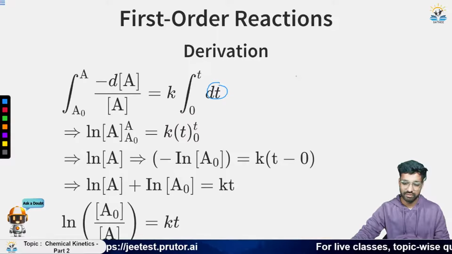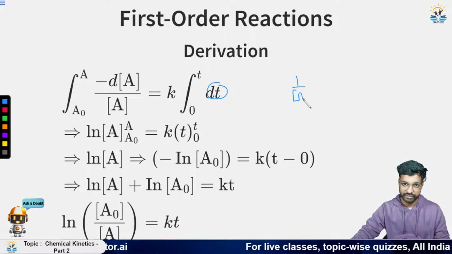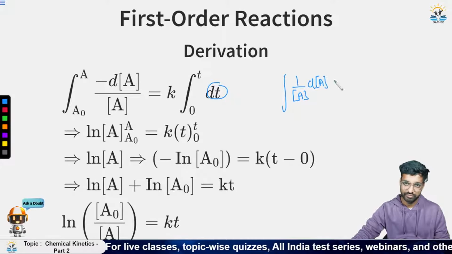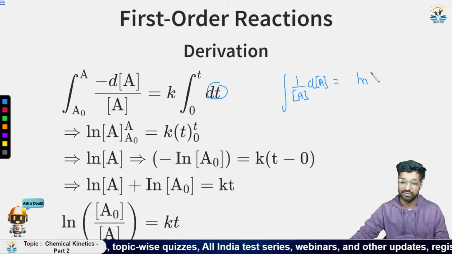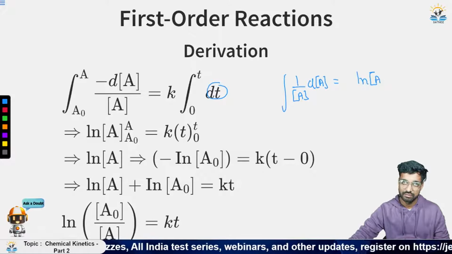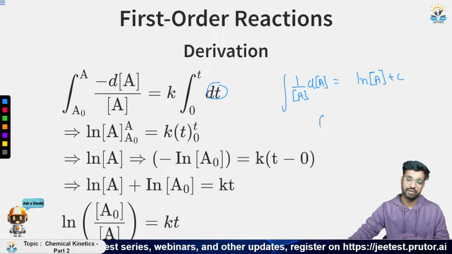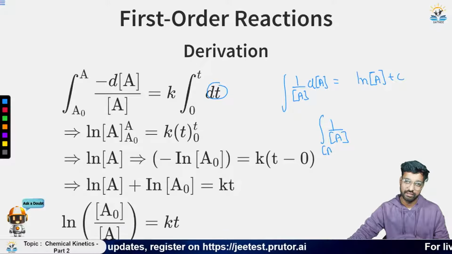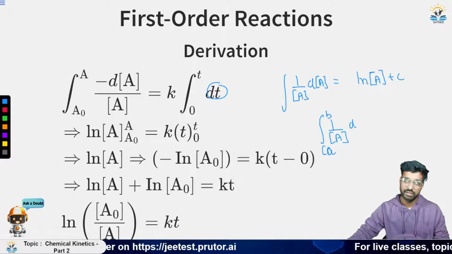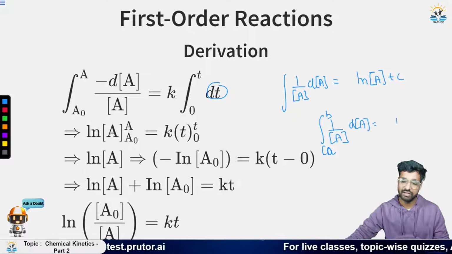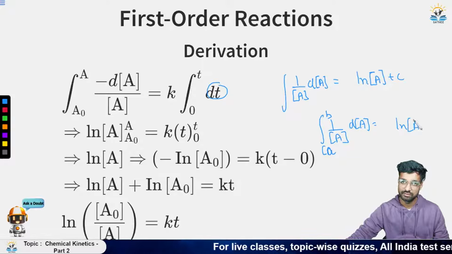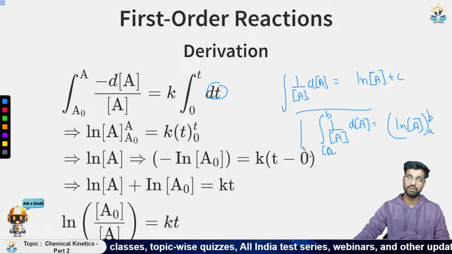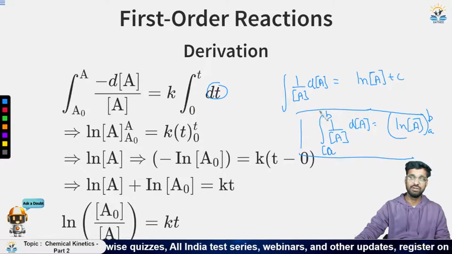Now we know very well that the integration of 1 by A dA, if limits are not mentioned, will equal ln A plus C. And in case a limit is mentioned, say from A naught to A, then it will be written as ln A, where this whole value is evaluated from the lower to the upper limit. So you must remember this integration very well to get the value.